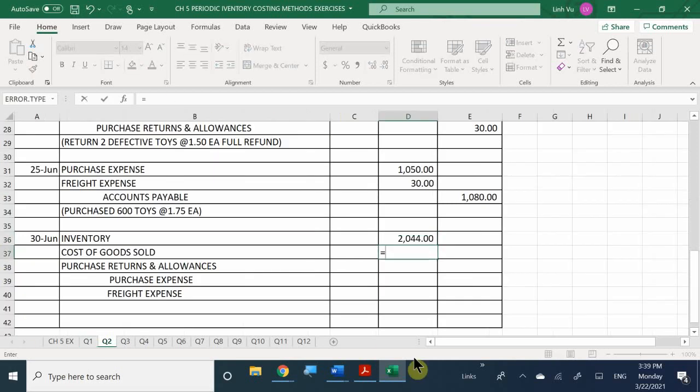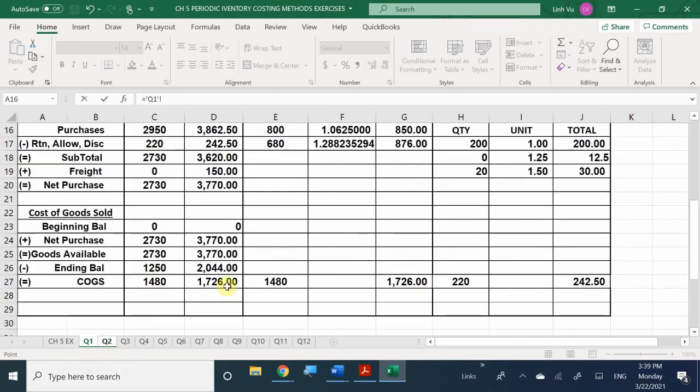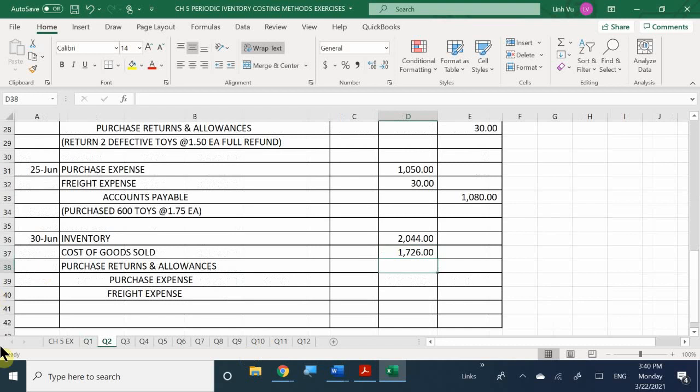Okay. What was my cost of goods sold? $1726. Yes, 1726.